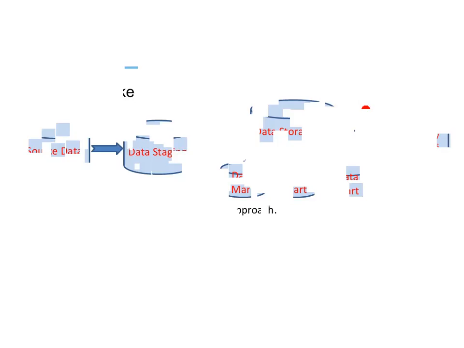Data staging area, Vitesh, we're going to cover more details in ETL, so don't worry, wait on that question. Ishwar, excellent point. I'm happy to hear these comments. I said I have seen a data warehouse with 1,000 plus tables.